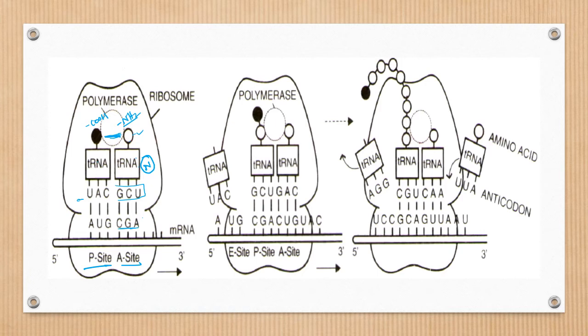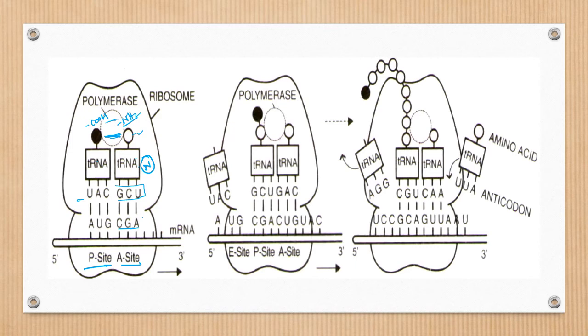The peptide bond is formed between these two groups and it is catalyzed by the peptidyl transferase enzyme. Okay. That peptidyl transferase enzyme is present in the 23S rRNA of the 50S subunit. That unit contains this enzyme. Okay, the bond is formed.